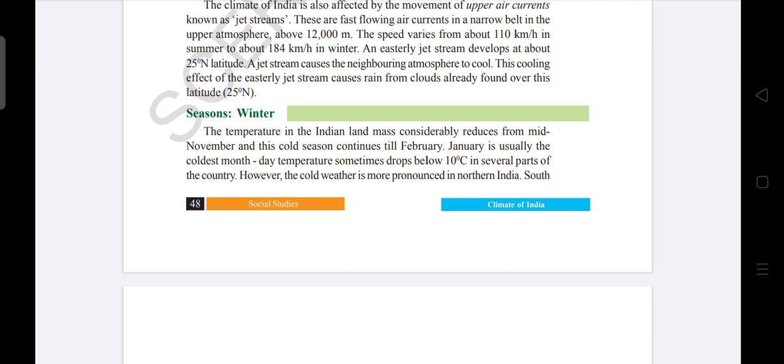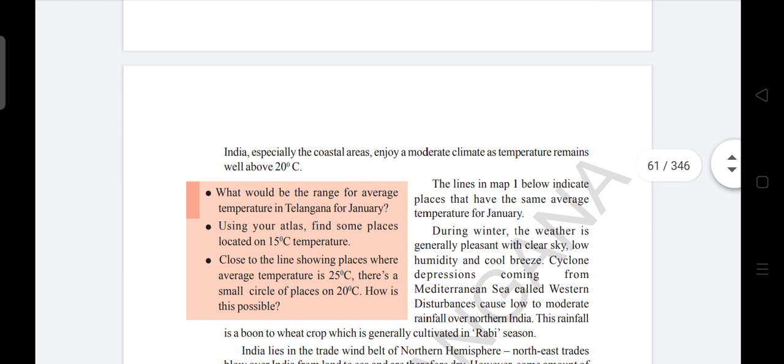In the whole of India, the northern part will be having the coldest weather, whereas South India, especially the coastal areas, enjoys a moderate climate as temperature remains above 20 degrees. So the lines in map 1 below indicate places that have the same average temperature for January.